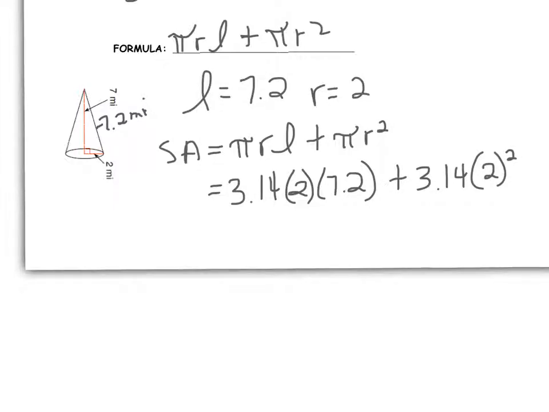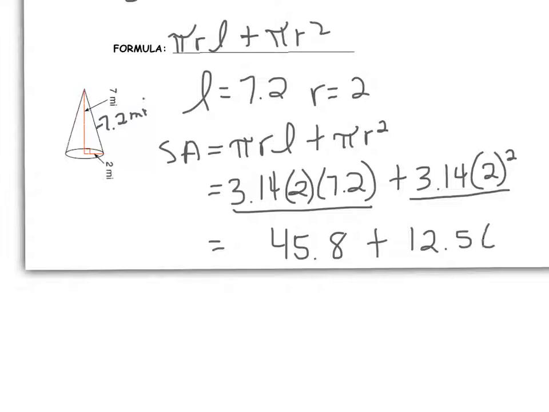So we'll go ahead and get our products. The first set is going to be 45 8/10 approximately. Remember, we're rounding. And then the second product is going to be about 12.56. And then when you sum your side plus the area of the circle, you should get approximately 58.36 miles squared.